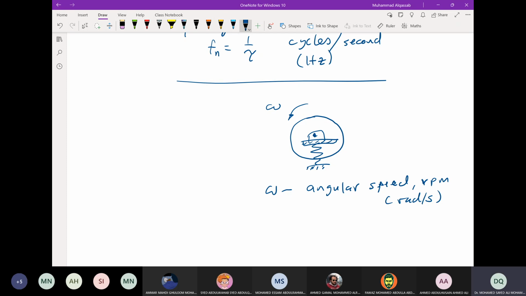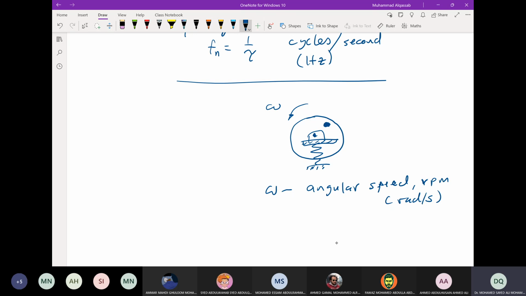If the geometry is a circle, the center of geometry is the center of the circle. But if you add a small mass here, then you are shifting the center of gravity, right?